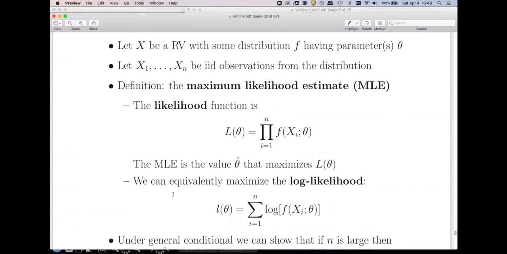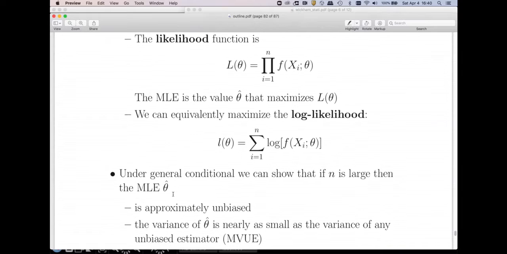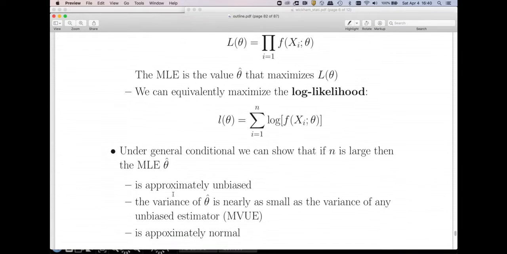Now, before we get into some examples, I'm just going to mention that under very general conditions, these maximum likelihood estimators have very desirable properties. So they're approximately unbiased. They are approximately minimum variance, so MVUE. So they have the smallest variance among all unbiased estimators.